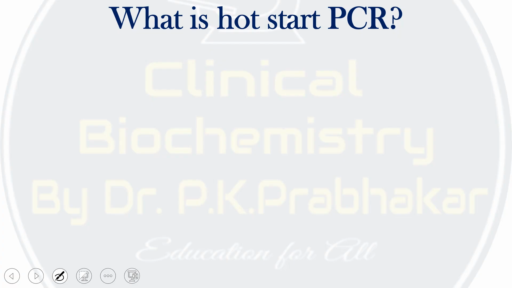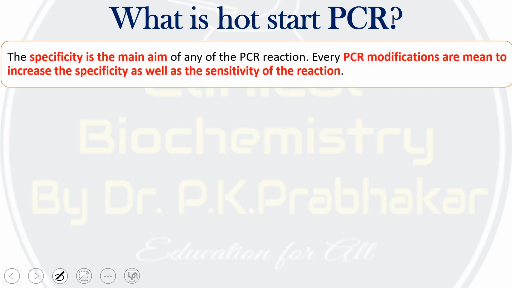Now come to Hotstart PCR. What is Hotstart PCR? Specificity is the main aim for any PCR reaction. Whenever you perform a PCR reaction, the main purpose is that the specific desired DNA will be amplified.